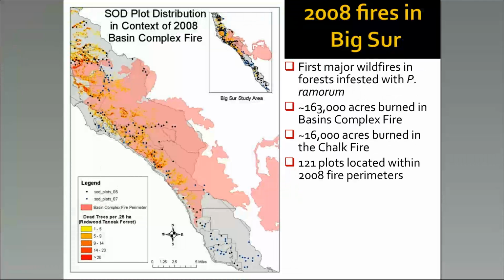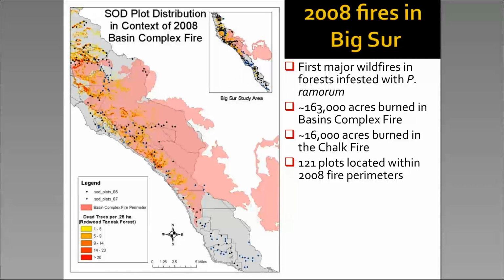So how did these fires impact Big Sur and our plot network? Well, first off, they were the first major wildfires to occur in forests infested with Phytophthora ramorum. The Basin Complex fire alone burned about 163,000 acres.